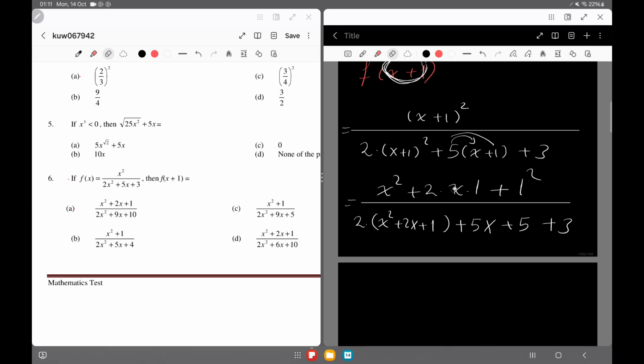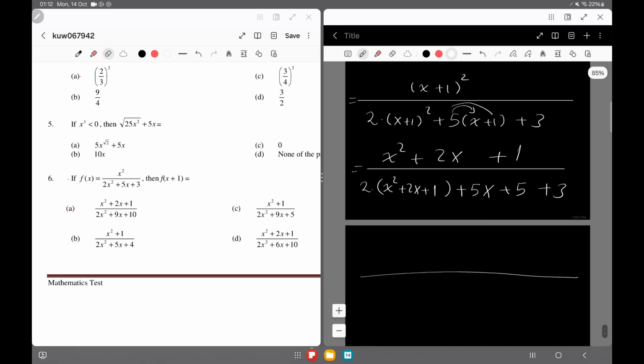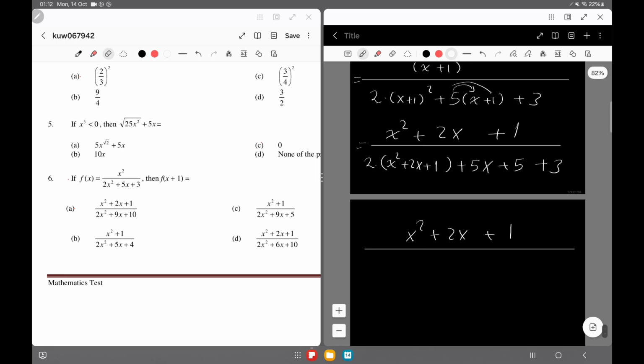So 2 times x times 1 is 2x, and 1 squared is 1. On top, x squared plus 2x plus 1. On the bottom, 2 times x squared, 2x squared; 2 times 2x, 4x; 2 times 1, 2; plus 5x, plus 3 plus 5, 8.